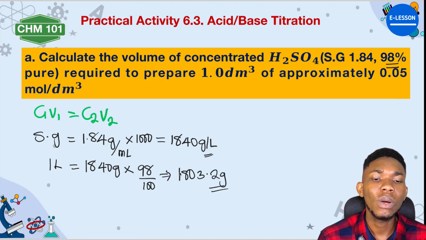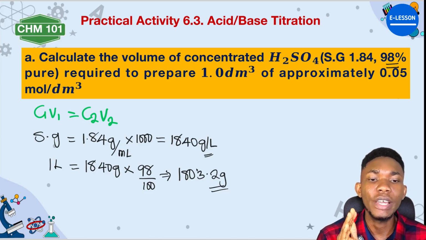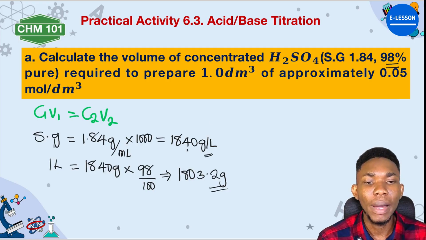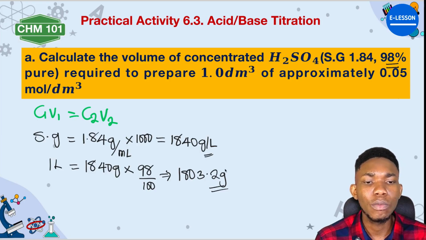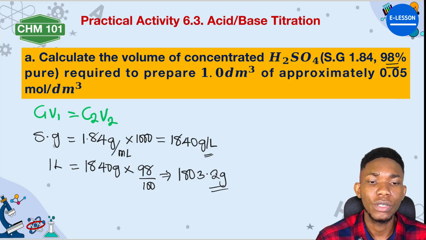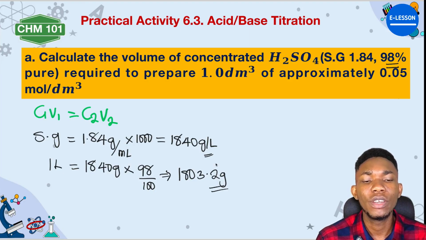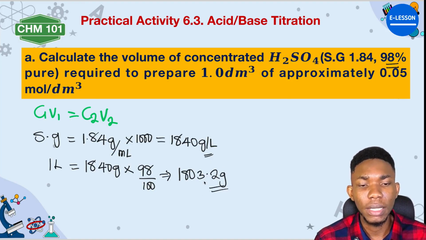It is only 1803.2 gram of the H2SO4 that is pure. The other about 2% is impure. Do you get the idea now? This is because what we are going to use for our titration or for our preparation must be the pure H2SO4. So that's the reason why we calculated this.